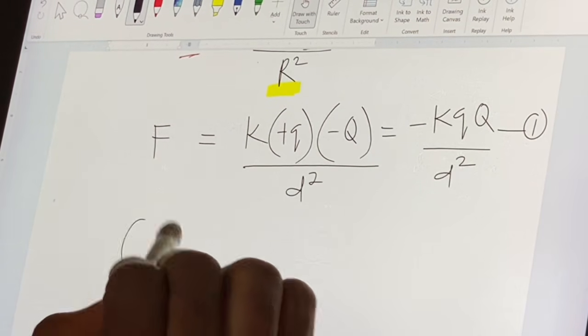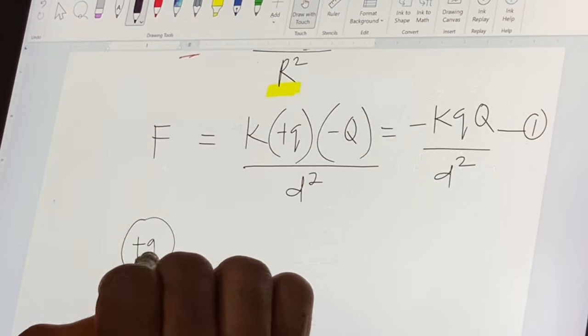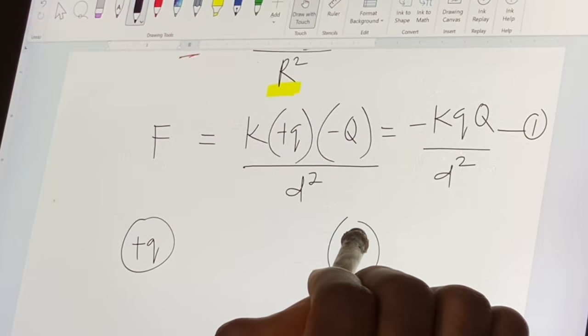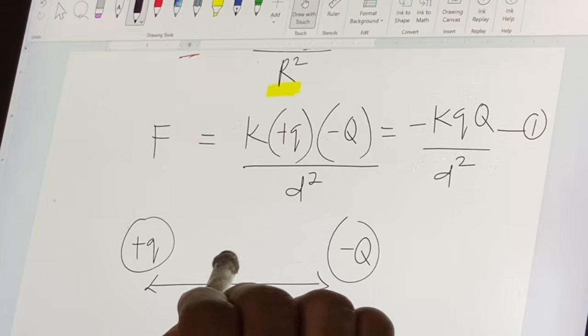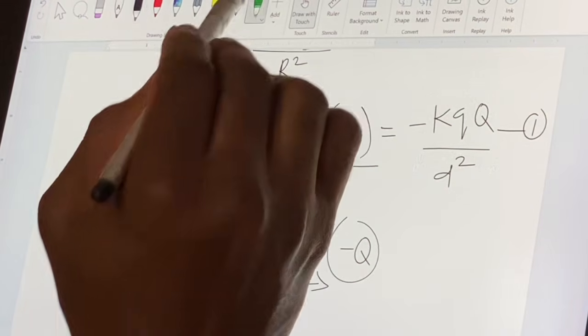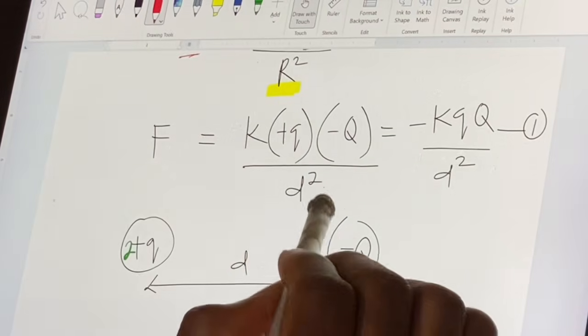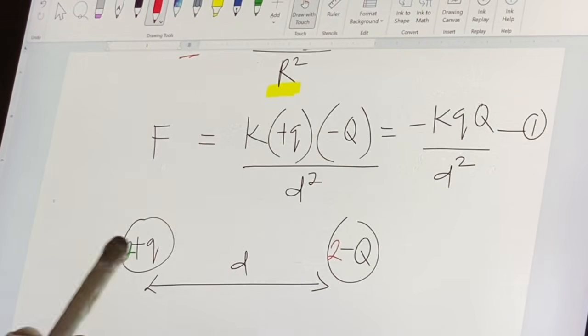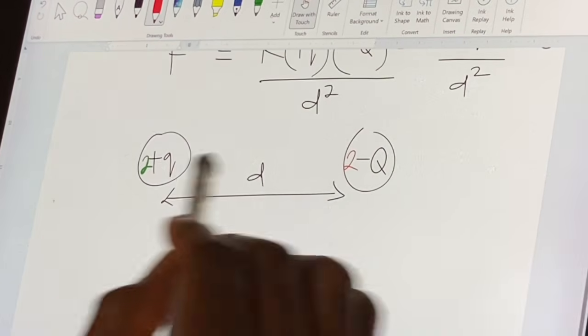We have plus q and minus Q, separated by the same distance D. Since they are doubled, I will double this by 2 and double this one by 2. So 2 times plus q gives us plus 2q, and 2 times minus Q gives us minus 2Q. Now let's find the force between them.